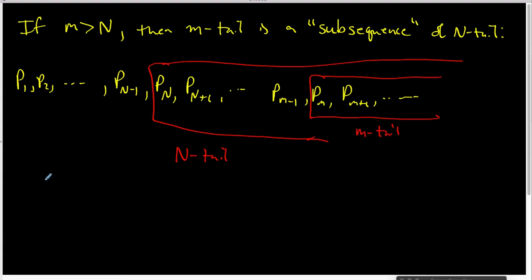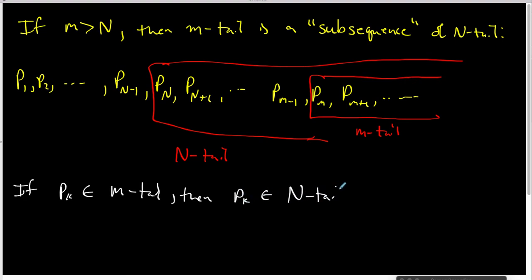Anything that is in the m tail is in the N tail. And that's the idea of this subsequence that we're not really going to be formally defining yet. But the idea is that if p_k belongs to the m tail, then p_k has to belong to the N tail.